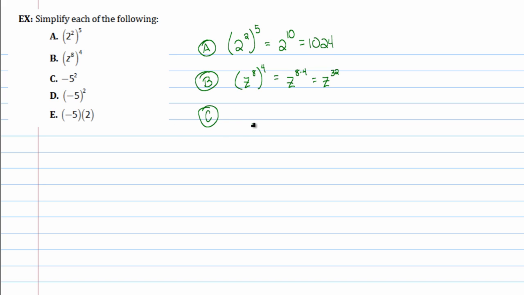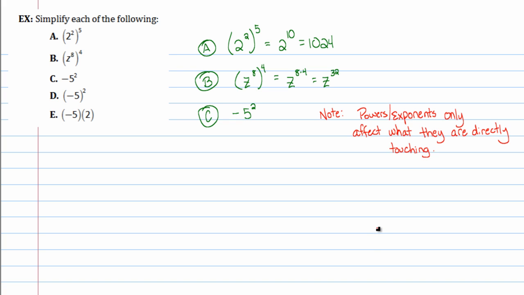These last 3 examples I stuck in here. I normally don't lecture on this, but I think this is such an important topic. -5 squared. Now, a little note that I want you to take away from this online lecture. Powers, or exponents, whichever you want to refer to them as, only affect what they are directly touching.